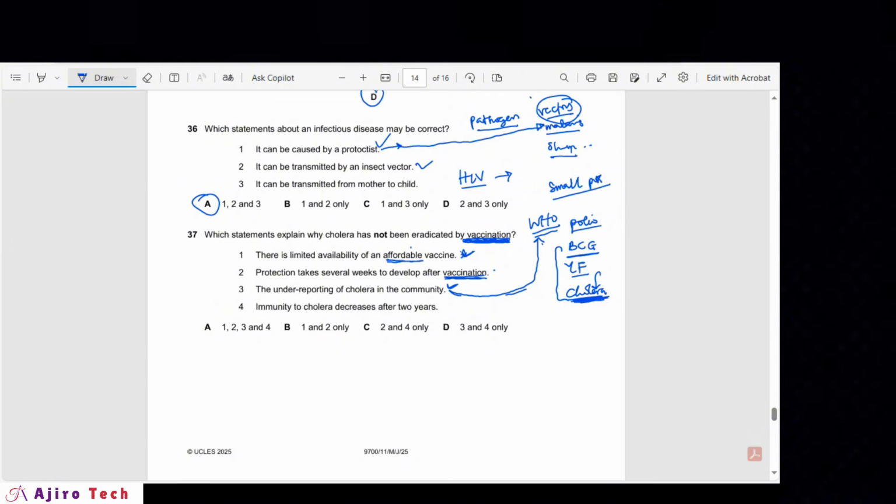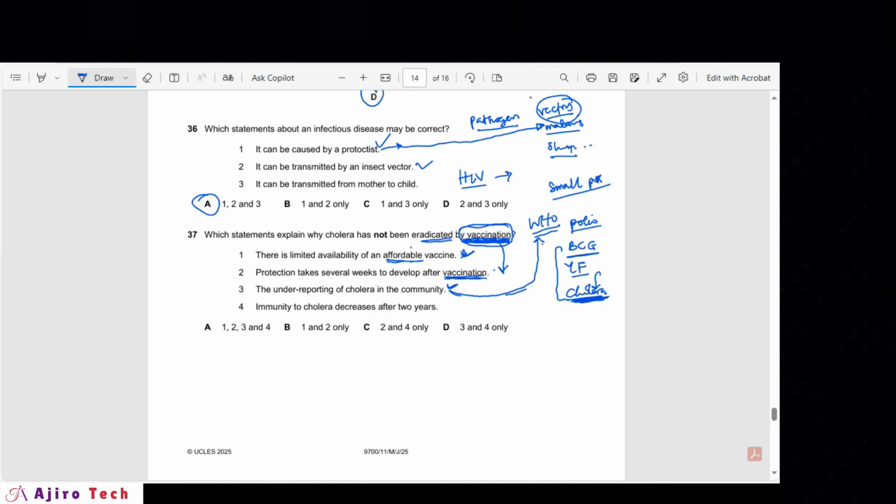When we look again, we can also consider the reason why vaccination has not successfully eradicated it: when some people eventually get the vaccine, what is the effectiveness of the vaccine?